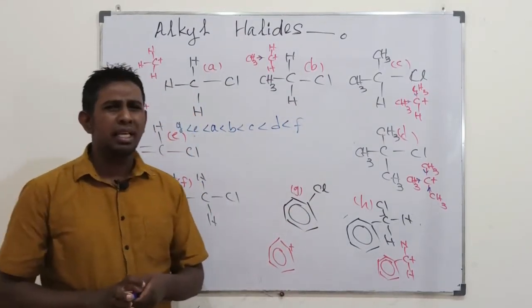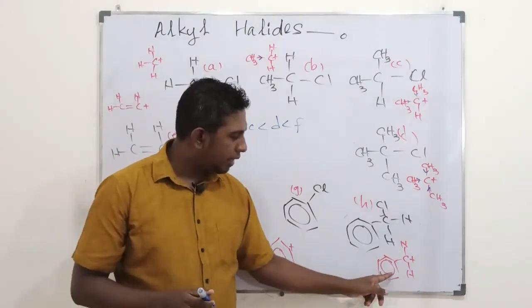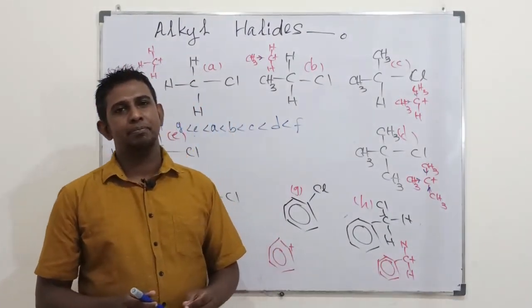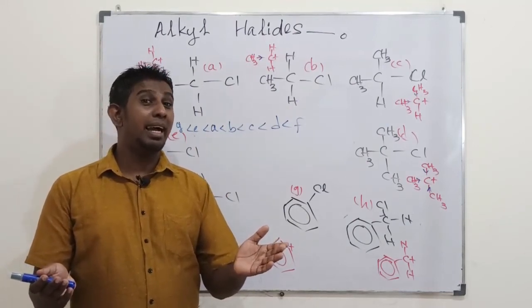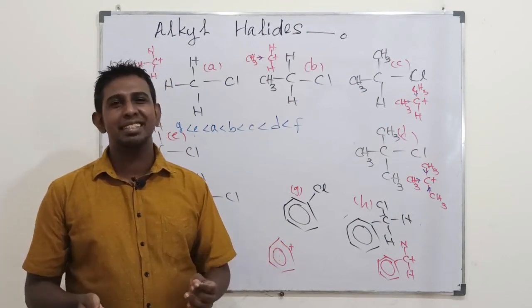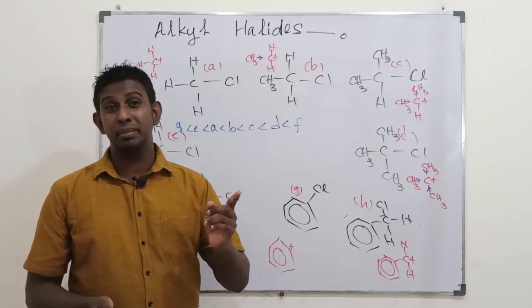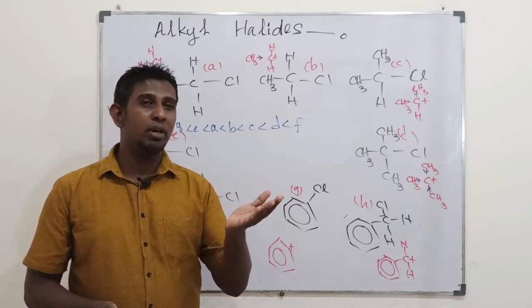Okay. Now it's one only we are having. This is benzyl carbocation. Then we might be able to have an idea. If it also would form resonance structures, it also would be stabilized. The carbocation's positive charge then would be delocalized.